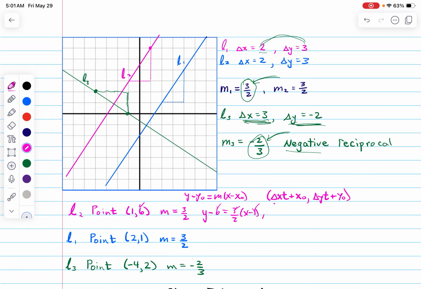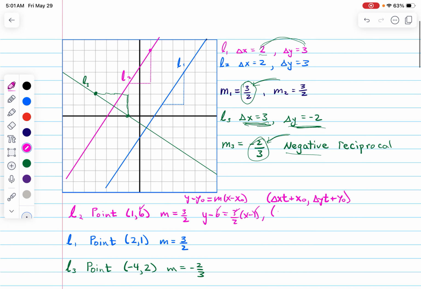Delta x is 2, so we have 2t plus the x is 1. And then we have the y, that's 3t plus 6. And that is the parametric form. Okay, so we have the point slope form and the parametric.